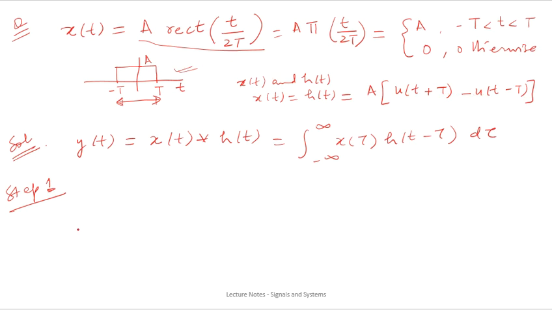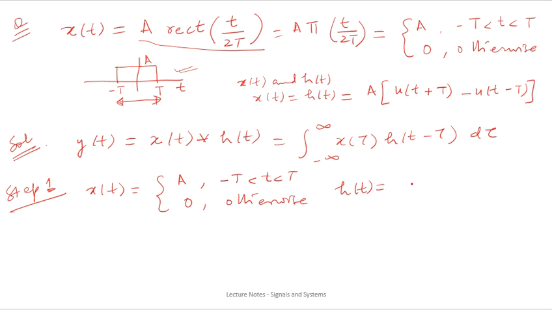Now come back to the first step: write equations and draw sketches for x(t) and h(t). So x(t) will be A for minus T to T, and it is 0 otherwise, and h(t) will be A for the same range.